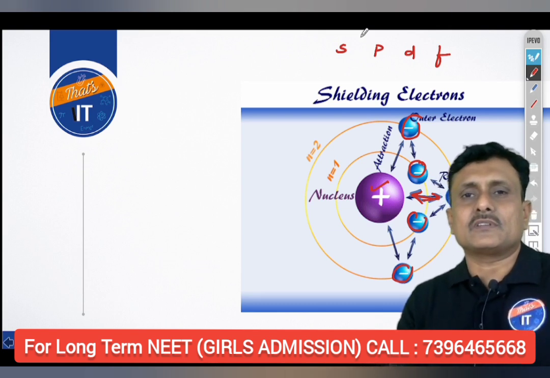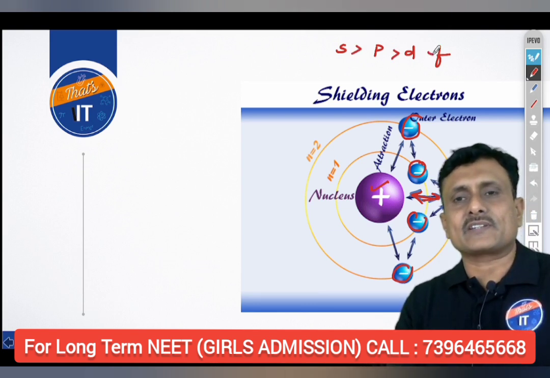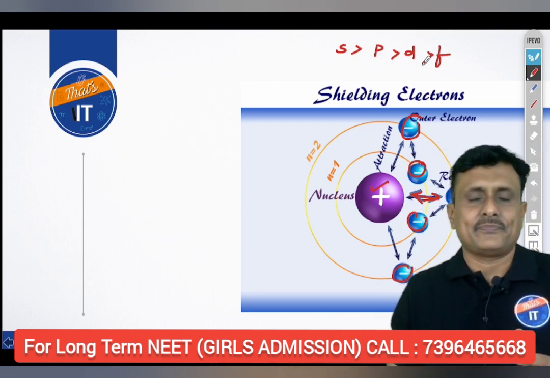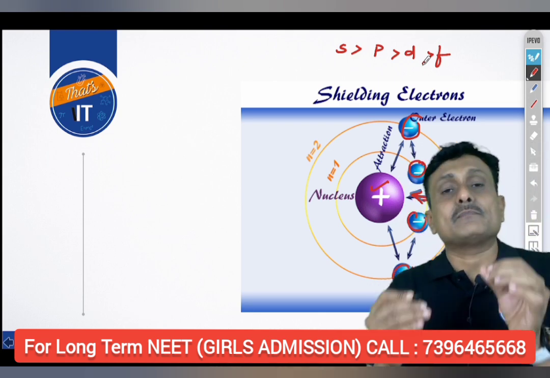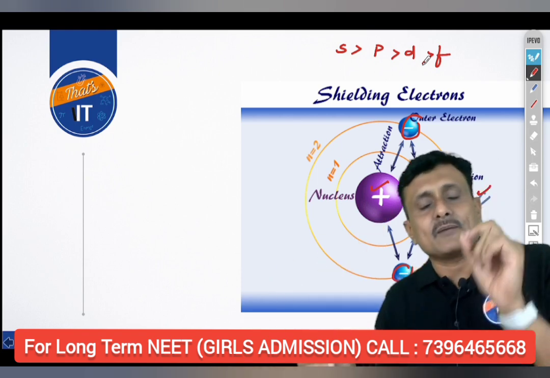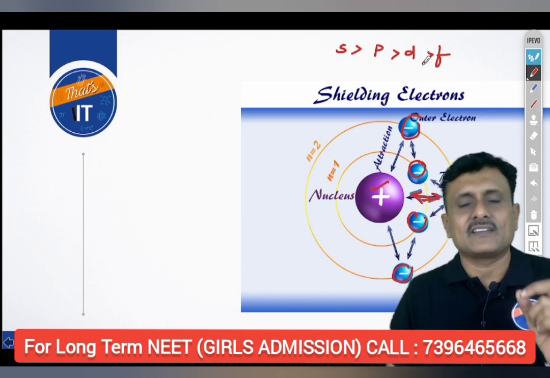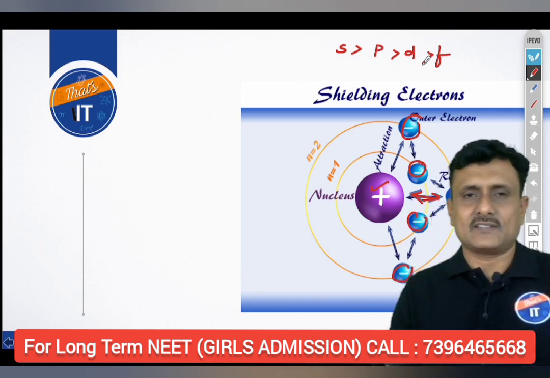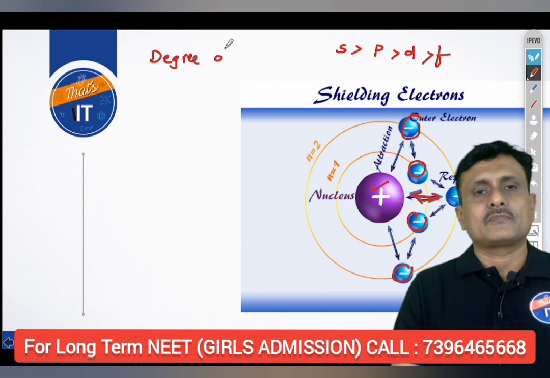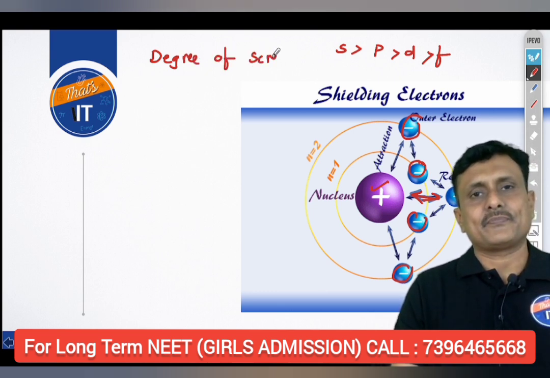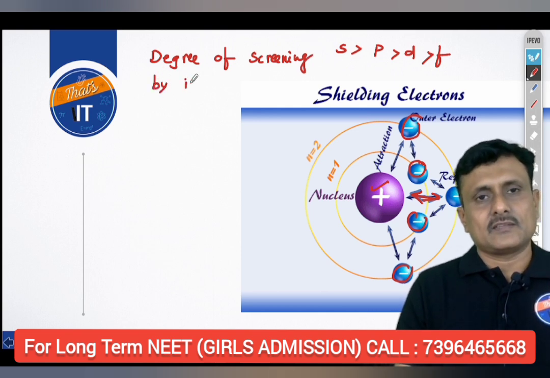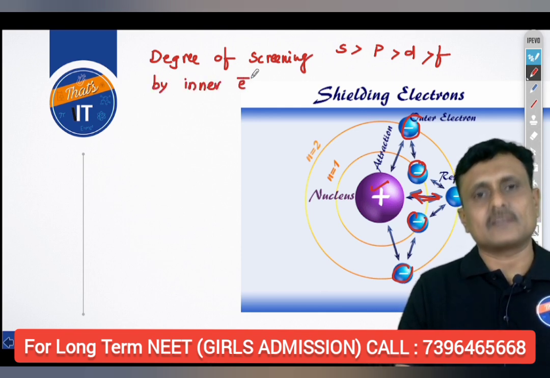All right. So the degree of protection by the inner electrons on the valence electron from the nuclear force of attraction is what you call as shielding effect. All right, what did I say? Degree of shielding or screening by the inner electrons, that is the bodyguards.